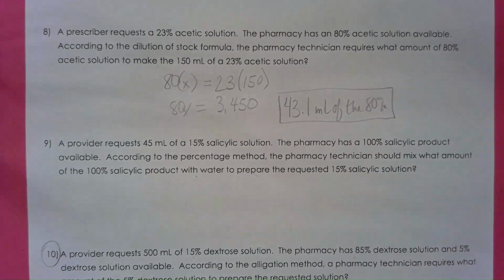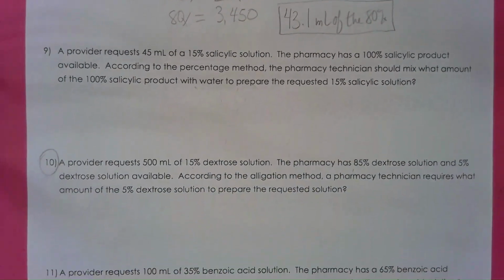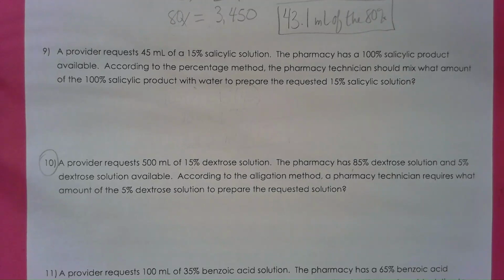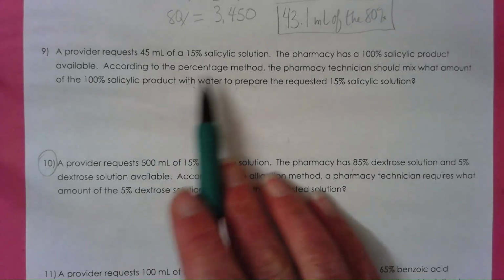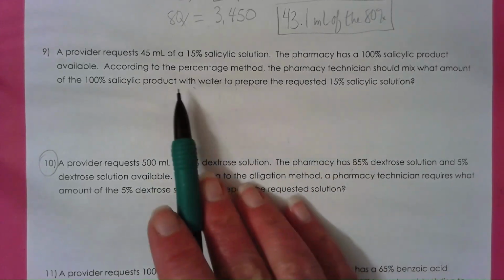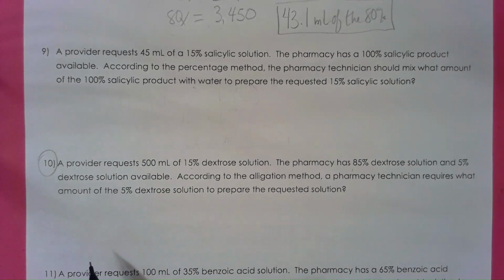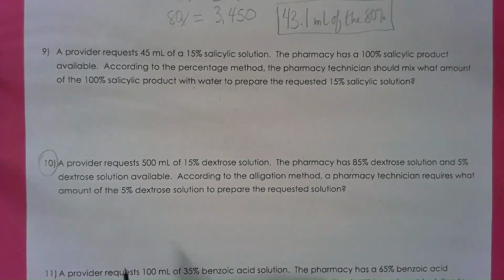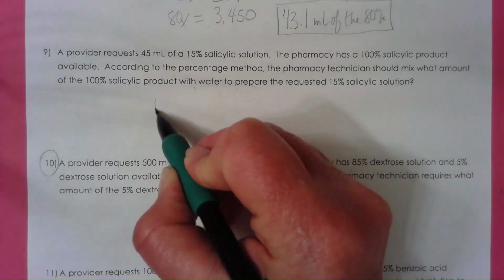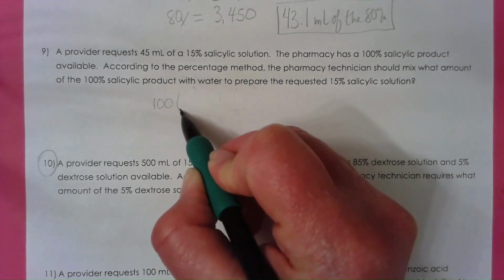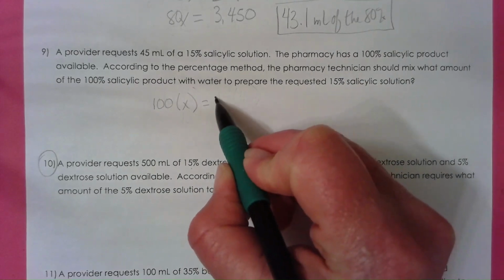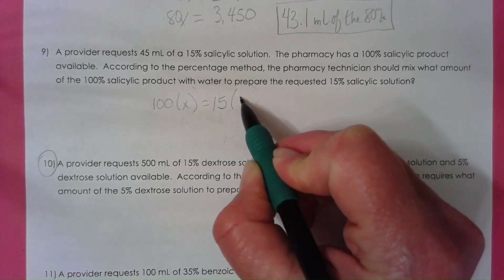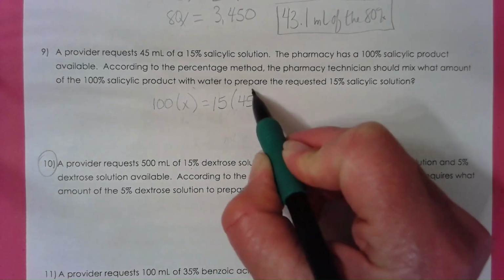Okay, number 9. Provider requests 45 milliliters of a 15% solution. You have a 100% solution. So how much of that 100% should you mix to prepare what you need? So here's our concentration 1. Volume 1, we don't know. Concentration 2 is 15. Our volume 2 is 45.